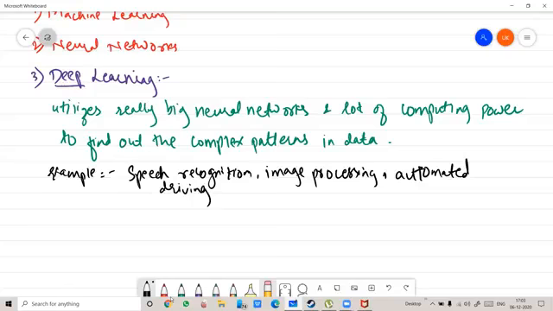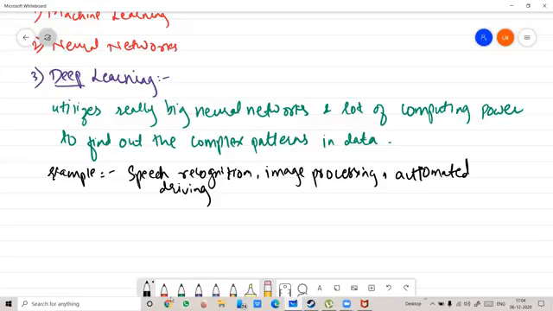So automated driving is what, students? It is a driverless car, or the car which is run by the robot. So that is deep learning. Getting it, students?